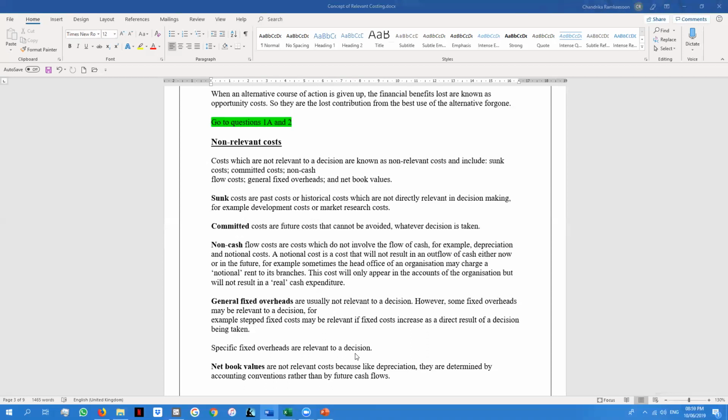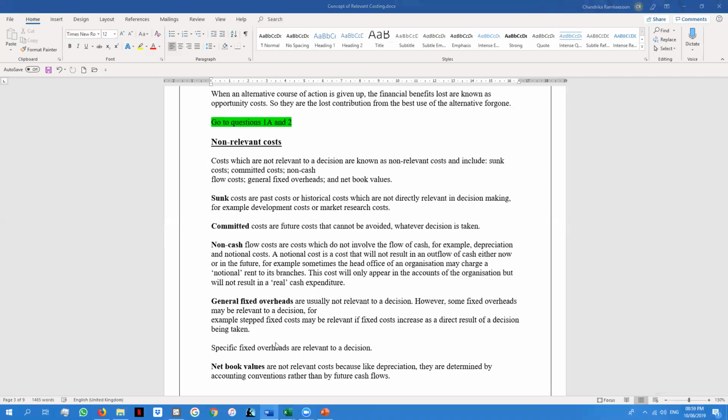Upon reaching 10,000 units though, if management wishes to produce more, the cost would immediately go up, which means the total supervision cost will suddenly go up, made up of the existing supervision cost plus the new supervisor. And clearly that is relevant, because if management decides to produce more units, they will need to hire an additional supervisor.